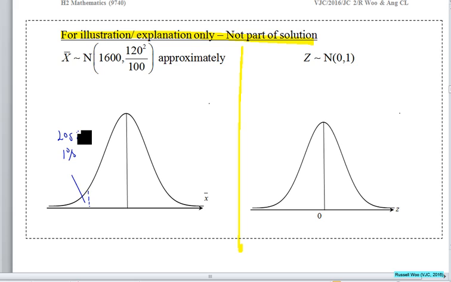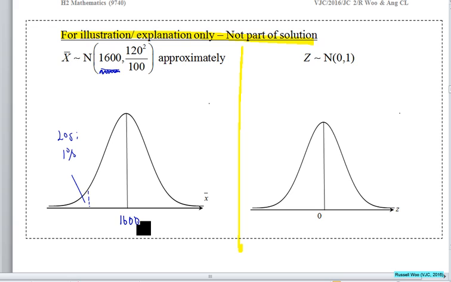You copy. Then, if H naught is true, the mean is 1006. Sorry, I forgot to fill this up.